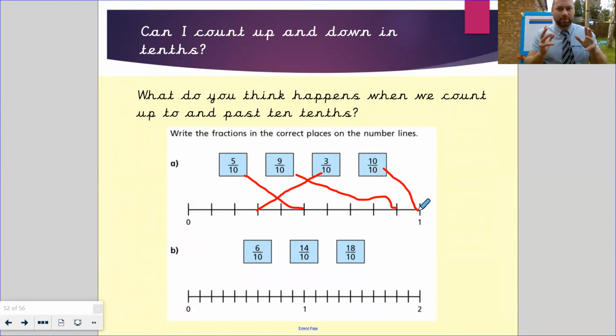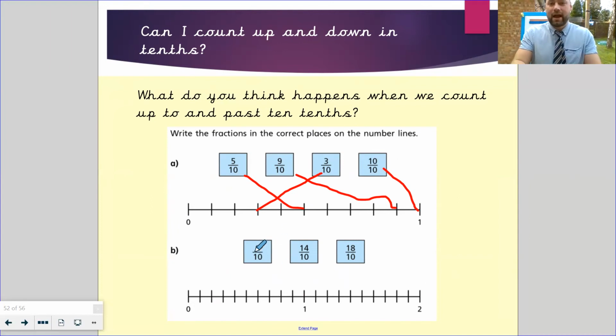B gets a little bit trickier because here our number line goes beyond 1, so that means our fractions are going to go beyond 1 as well. Here we've got our number line with two wholes. Remember our 2 pizzas, divided into 10 slices each. Pizza number 1 has 10 slices and pizza number 2 has 10 slices.